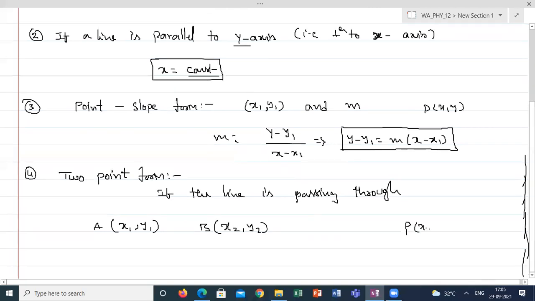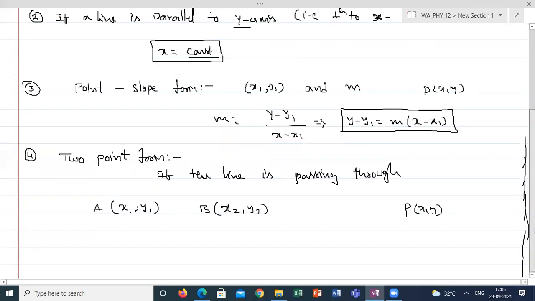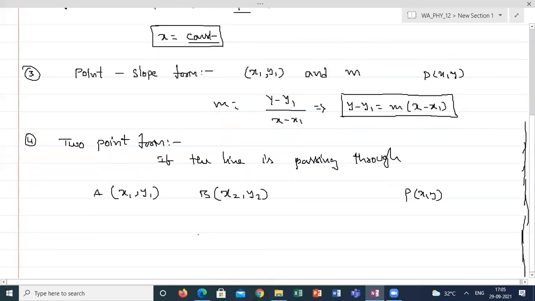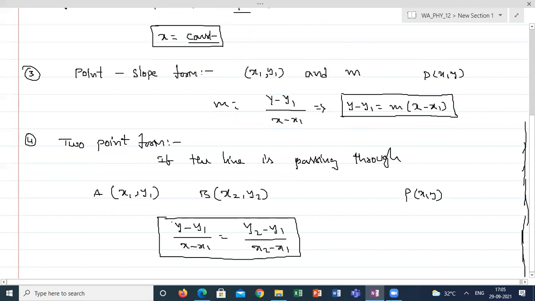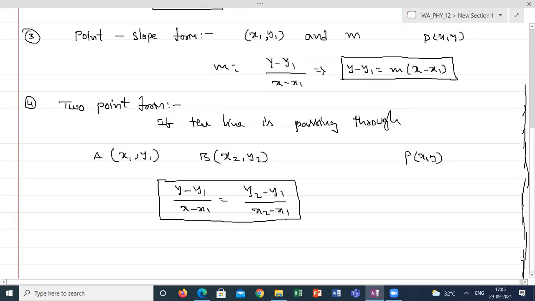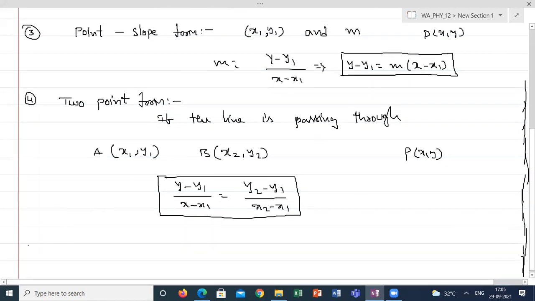Consider a point P(x, y). Slope of AB is equal to slope of AP or BP. So (y minus y1) by (x minus x1) is equal to (y2 minus y1) by (x2 minus x1). If I solve this, I will get a linear equation in x and y, which will show the equation of the straight line passing through A and B.